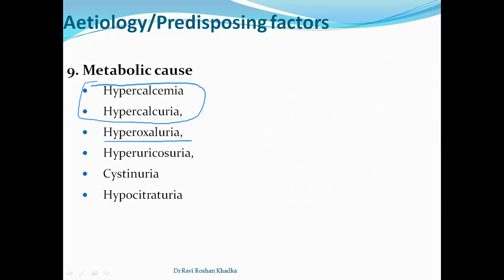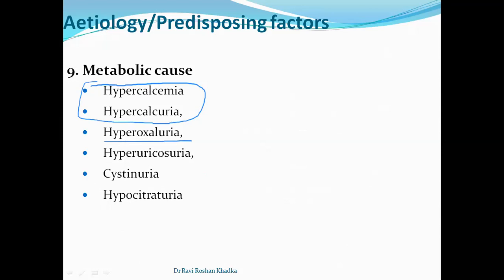Hyperoxaluria means excessive oxalic acid in urine. Basically it can be due to a primary or genetic defect of metabolism, or maybe a secondary cause. The primary cause is more common than the secondary cause, and the secondary cause is usually associated with diet, meaning some foods contain more oxalic acid, like spinach, tea, chocolate.